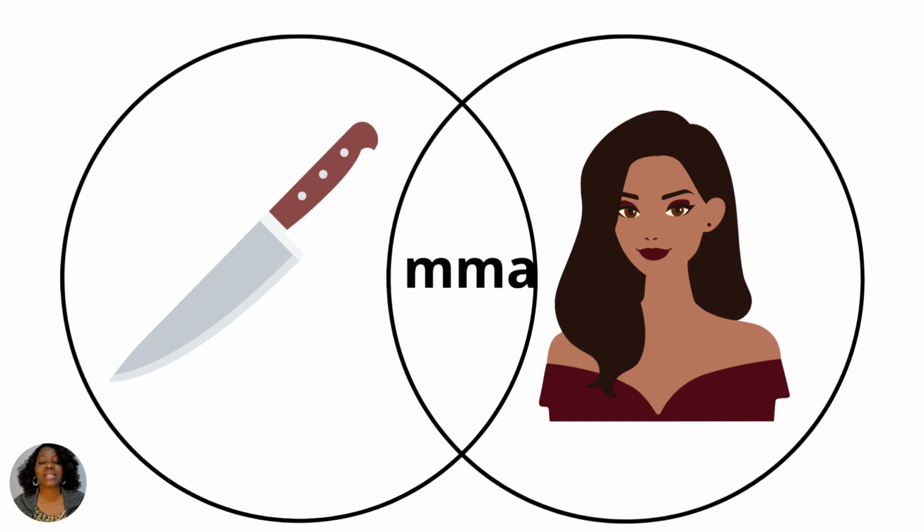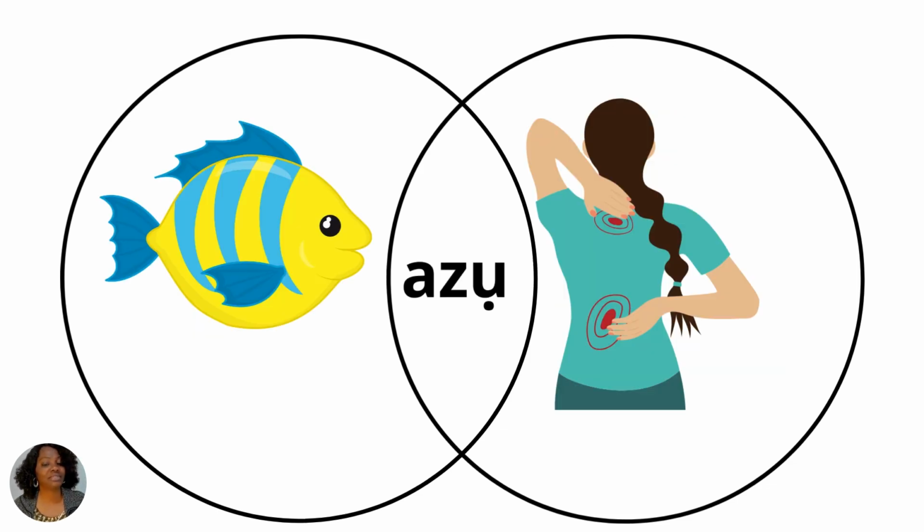Then you have on the right a very beautiful girl. You can say ọ mara mma, beautiful. Ọ mara, you say mma. So we have mma for knife, mma for being beautiful. Okay, interesting.